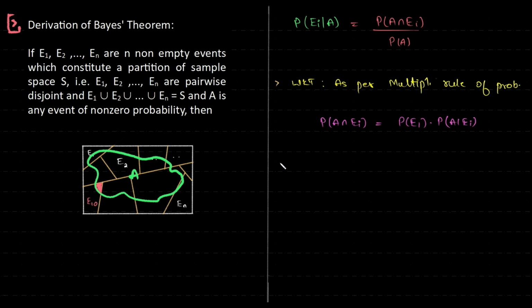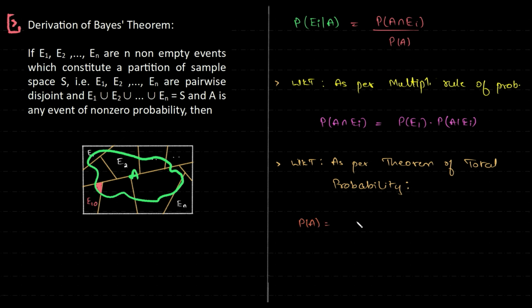So that would be your numerator. Next, for the denominator, as per the theorem of total probability, what do we have?